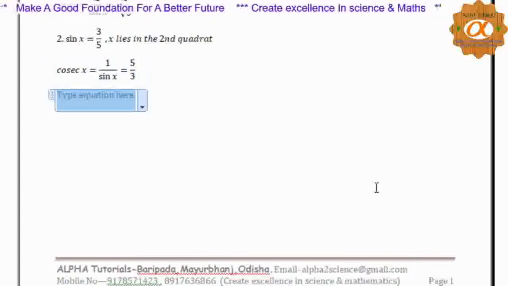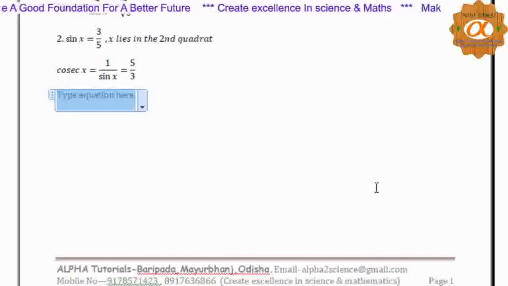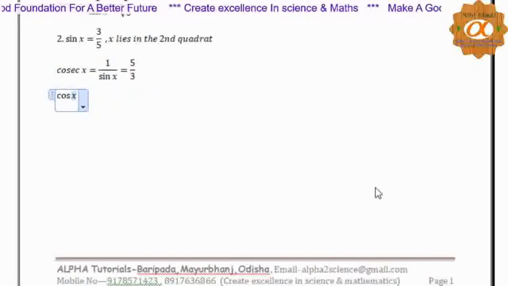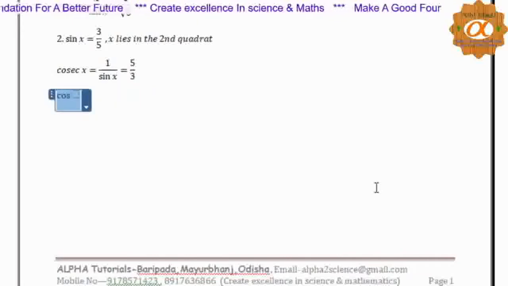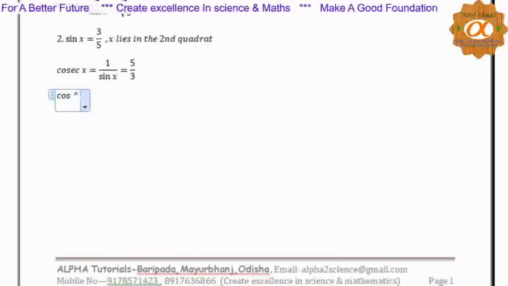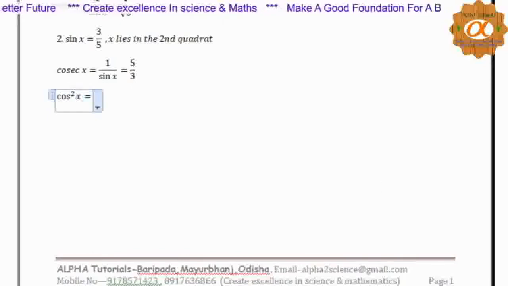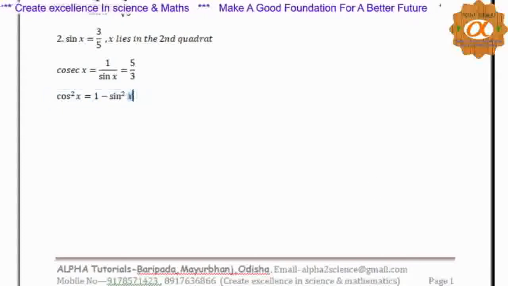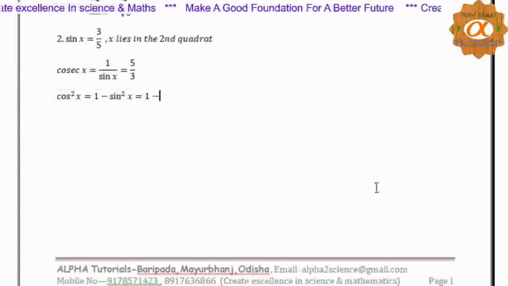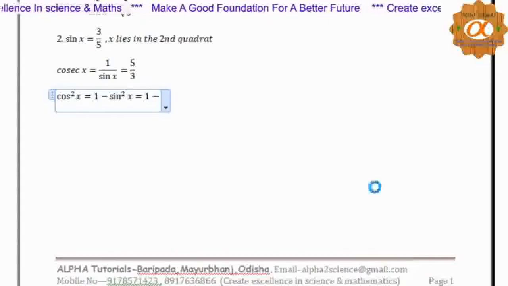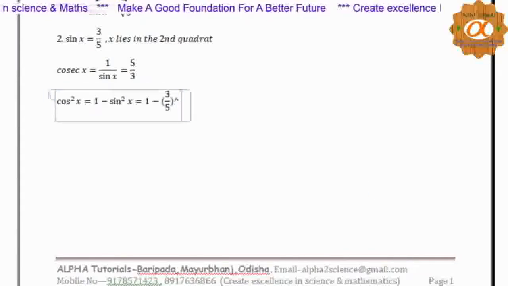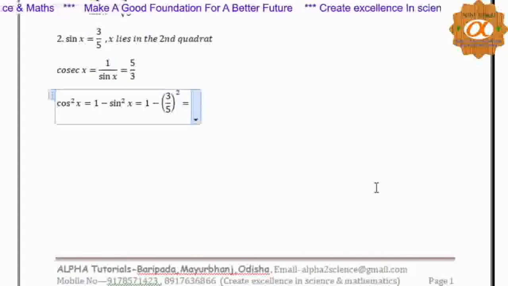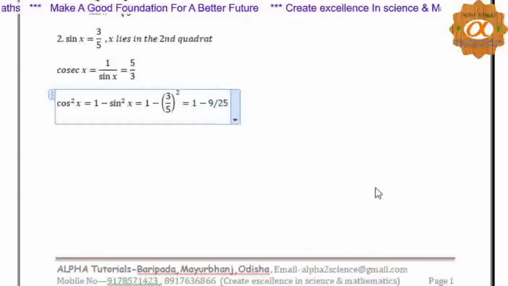Now, from the same formula sin square x plus cos square x is equal to 1, we can first calculate cos square x. Cos square x is equal to 1 minus sin square x, that is equal to 1 minus 3 by 5 whole square, that is equal to 1 minus 9 by 25.